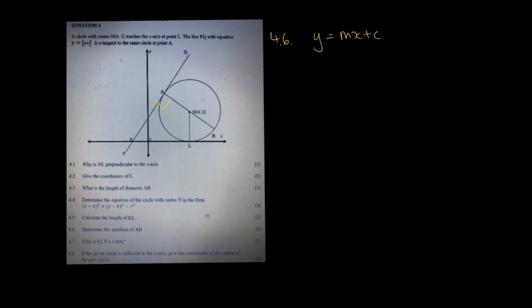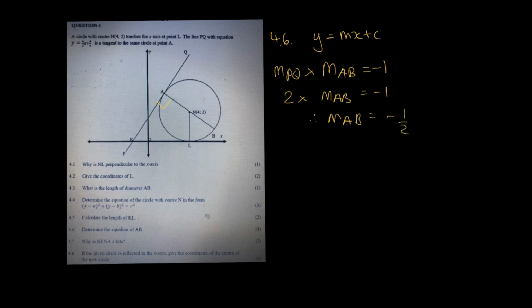So what that means for us is if we take the gradient of PQ and multiply that by the gradient of AB, we will get negative 1. And that will always be true if PQ is perpendicular to AB. So if I'm correct and the gradient of PQ is 2, then the gradient of AB has to be -1 divided by 2, which is -1/2.